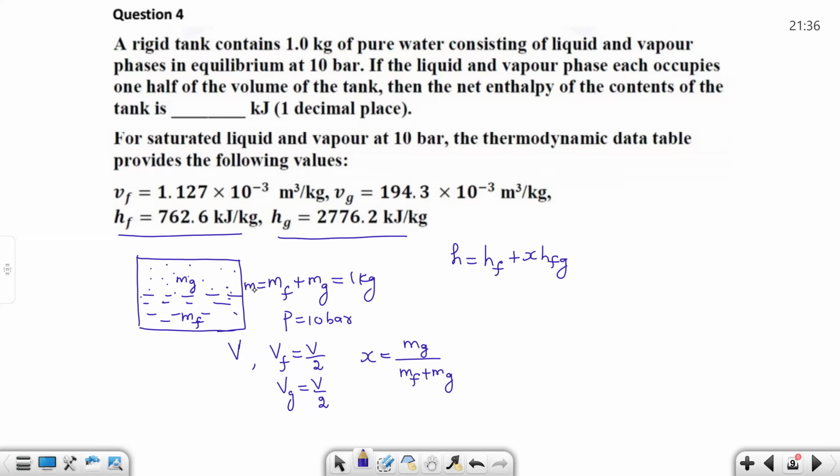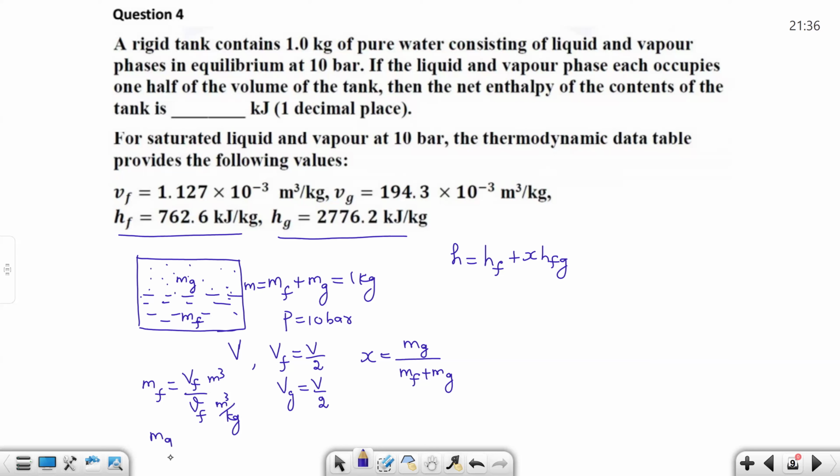Now here we know that the mass of the fluid is Vf by specific volume. This is meter cube, and this is meter cube per kg, you will get mass of the fluid.